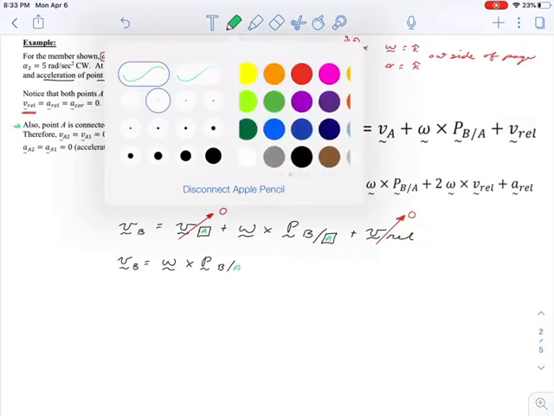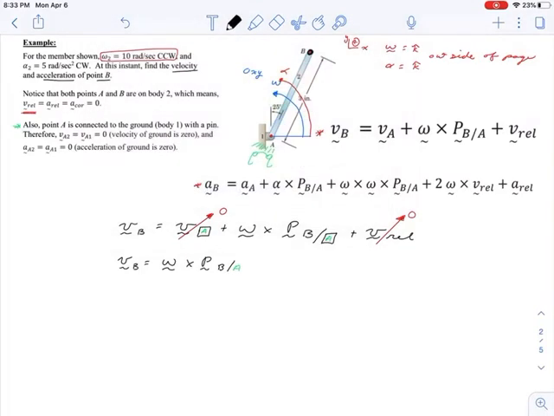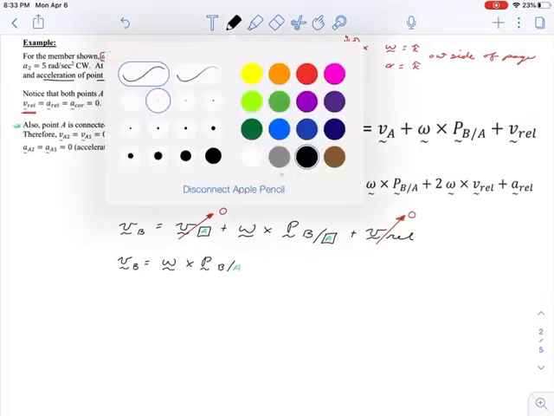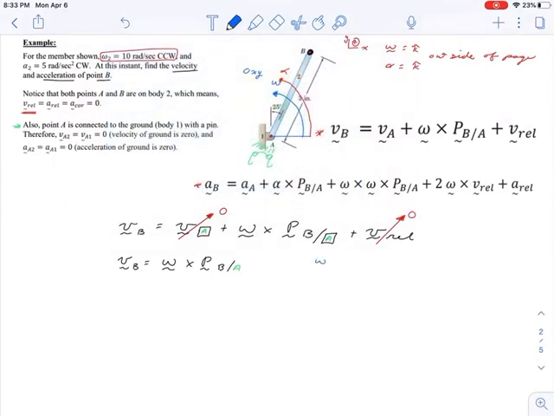So all we have to do is find these two vectors. So vector, the angular velocity, we know is going counterclockwise at 10 radians per second counterclockwise. So we could say that the magnitude of W is 10.